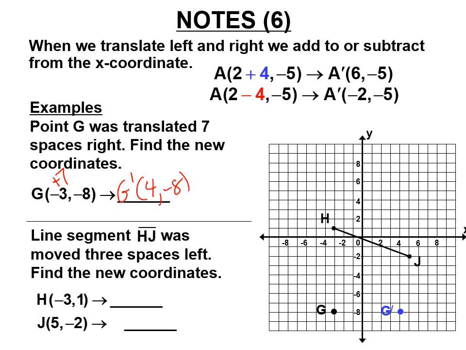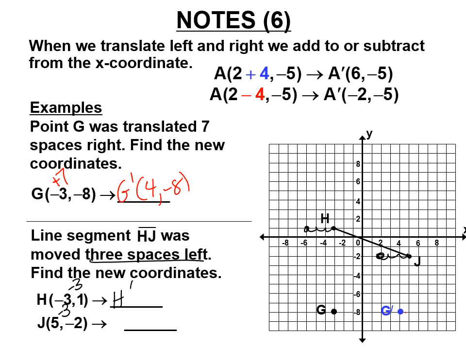Now move this line segment 3 spaces to the left. Now you just do the endpoints, you move the endpoints 3 spaces left, you move the whole line segment. So if we're going 3 spaces left, we're going to subtract 3 from the x coordinate.